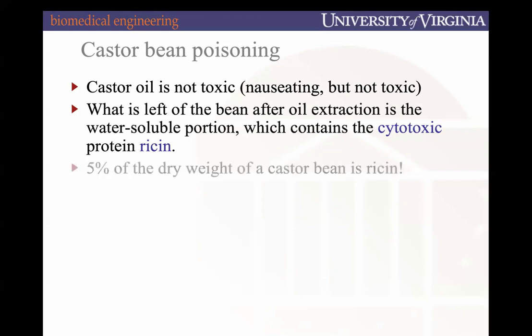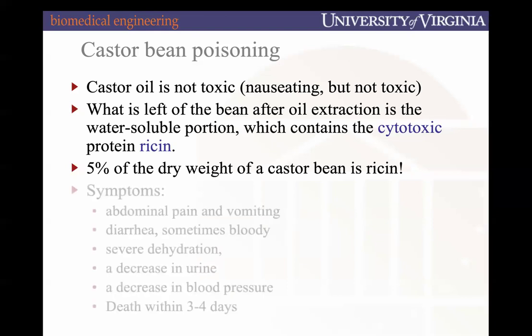You may have been familiar with it. It's been depicted in a lot of movies and TV as a toxin of choice. But it's actually quite lethal in fairly low quantities. It only constitutes a small fraction of the actual castor bean itself.